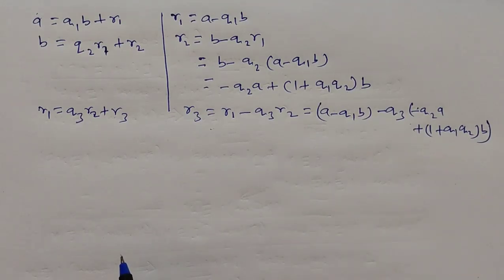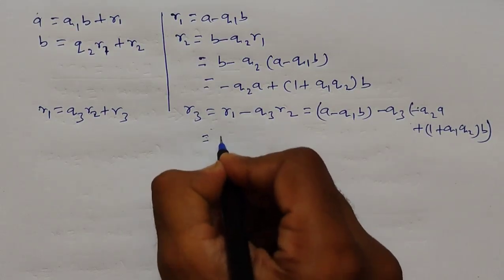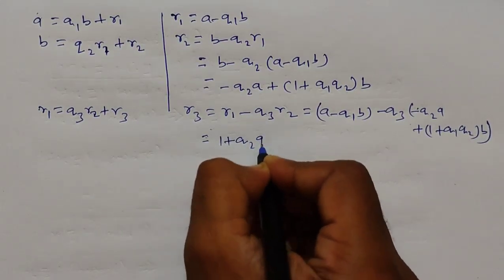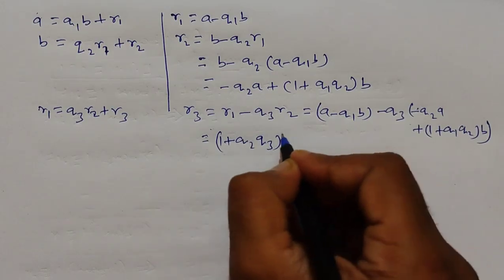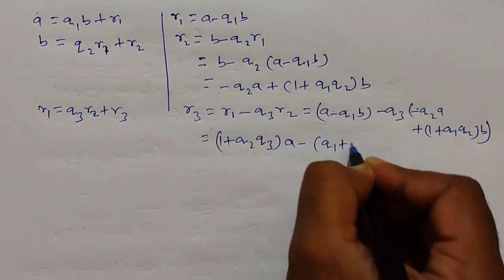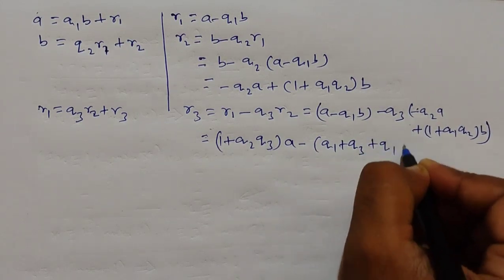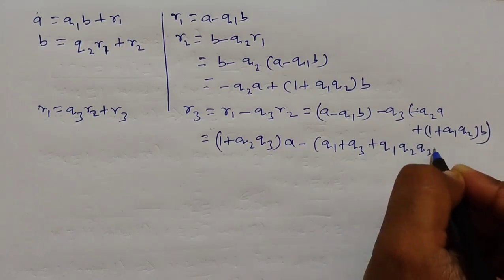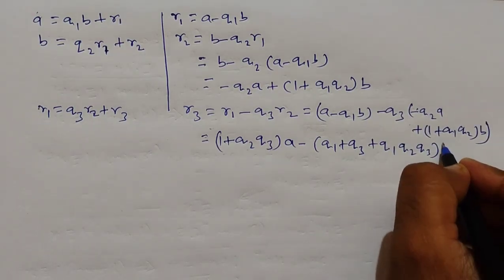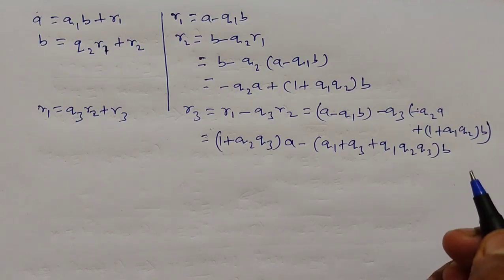So now this is basically equal to 1 plus Q2 Q3 into A minus Q1 plus Q3 plus Q1 Q2 Q3 into B.